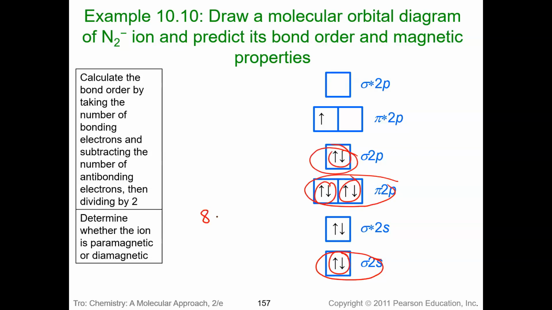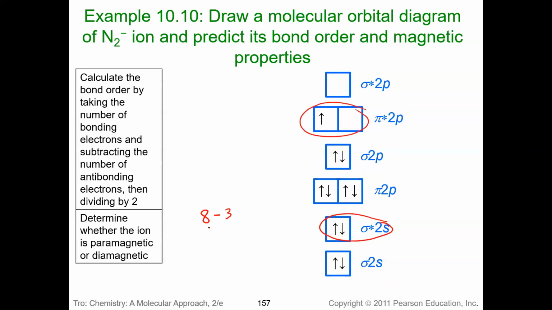So we have 8 minus the number of electrons in our anti-bonding. Those are the stars, right? These are the destabilizing ones. Minus 3, and we divide that by 2, which gives us 5/2, so 2.5. So our bond order is 2.5.